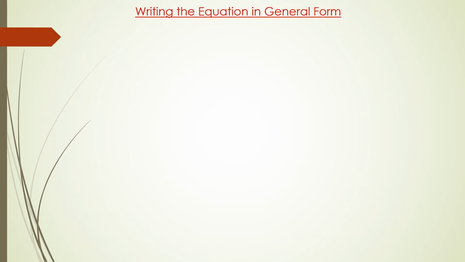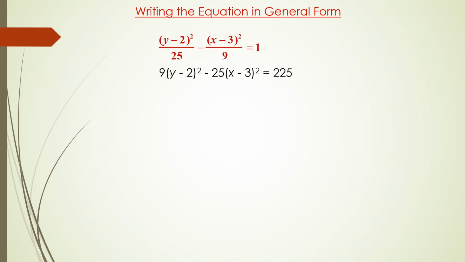Okay, let's move on to our next example, writing the equation in general form. The given is the quantity y minus 2 squared over 25 minus the quantity x minus 3 squared over 9 equals 1.